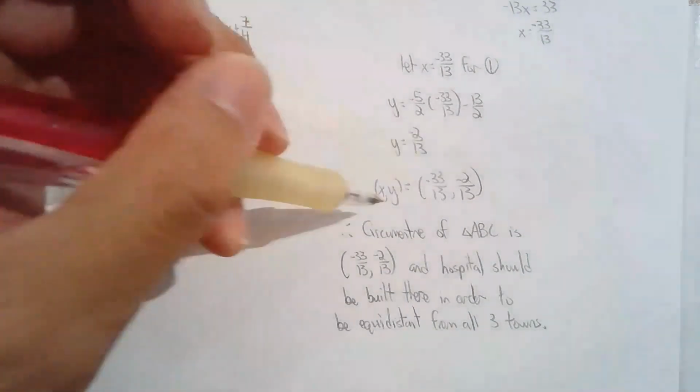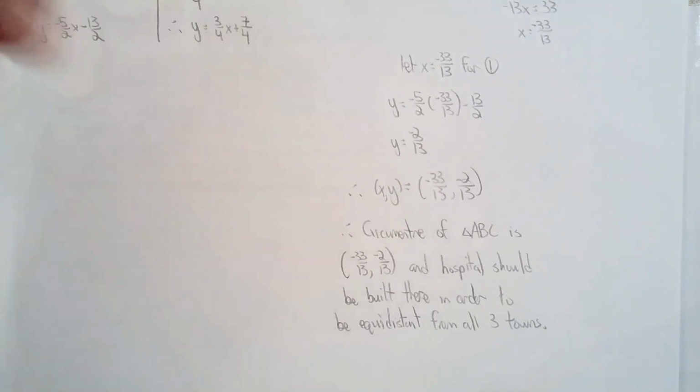Okay, so that point is the circumcentre of triangle ABC, and that means the hospital should be built there in order to be equidistant from all three towns.